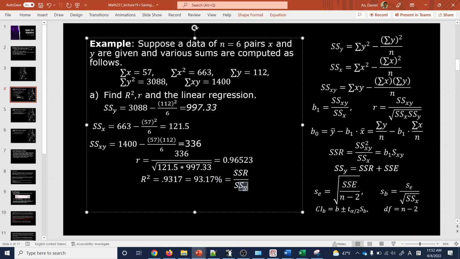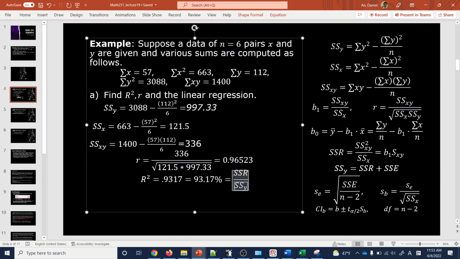The sum of squares of y divided by the sample size will give you the variance of y, right? And the sum of squares of regression divided by the sample size will give you the variance of the regression line. And it's saying that 93.17% of the variance of y is actually due to the variance of the regression line.